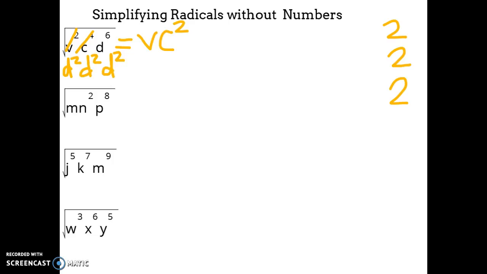Three. 3 sets will come out. So the answer to this is v times c squared times d to the 3rd.